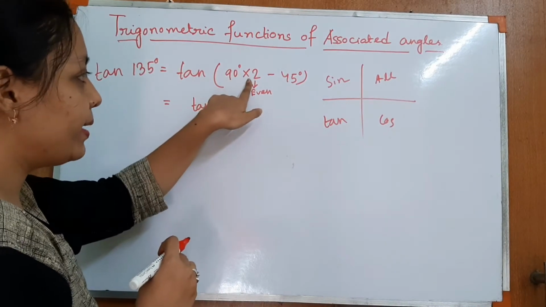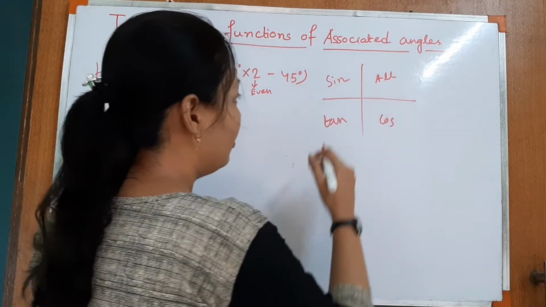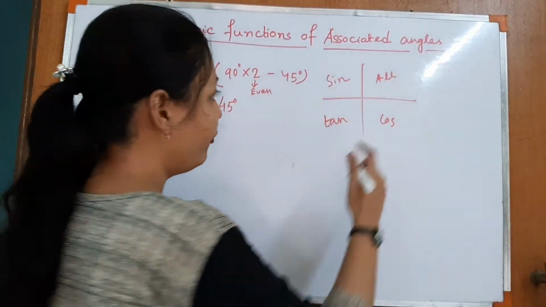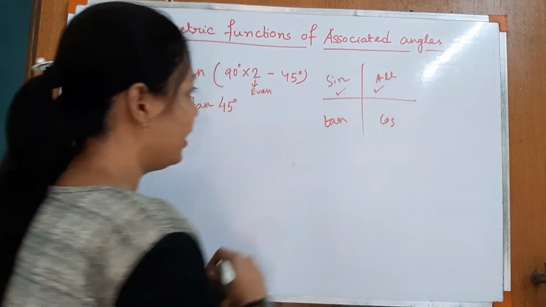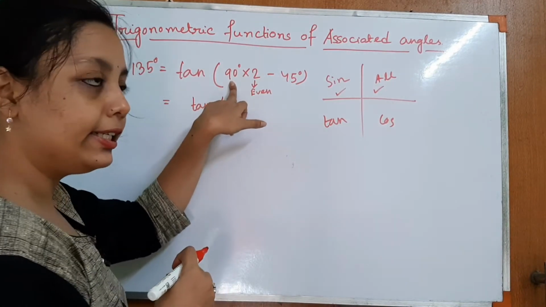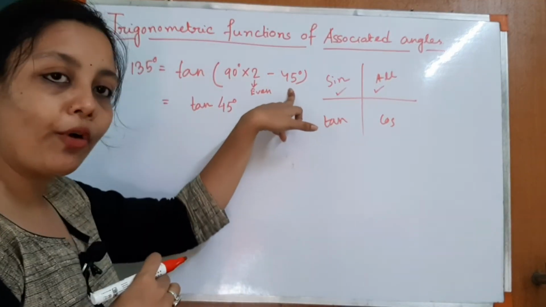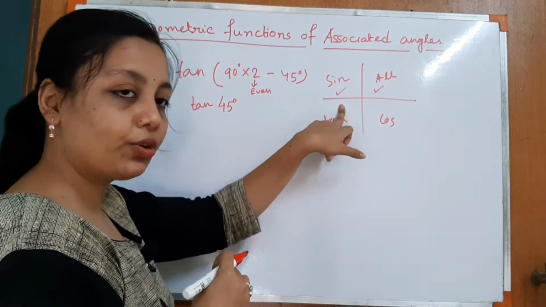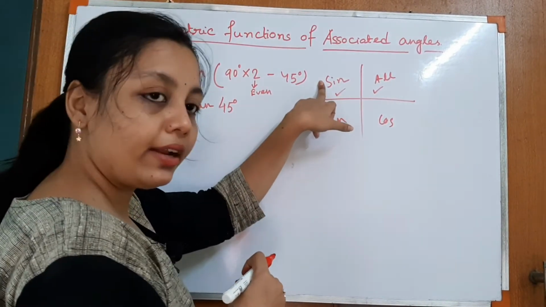Here 2 is present, so first we count 2 quadrants, first is the first quadrant, second is the second quadrant. Now here 45 degree is subtracted from 180 degree, so we cannot reach the third quadrant, we stay in the second quadrant, okay.